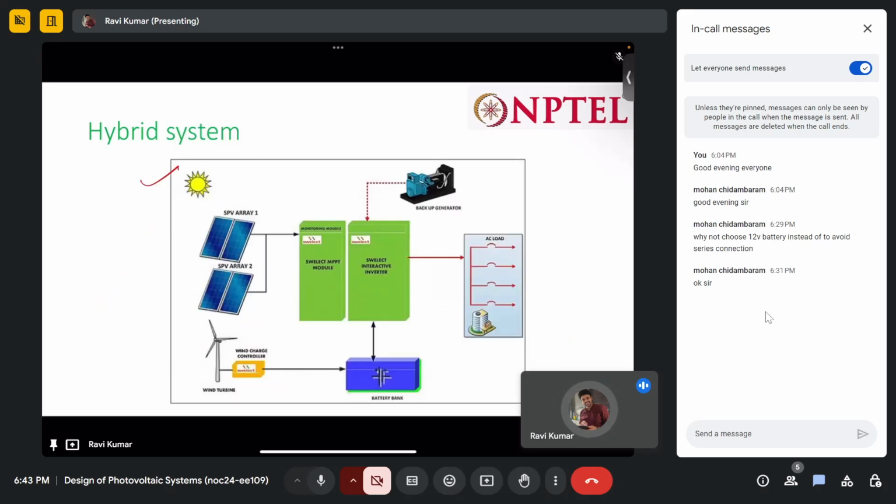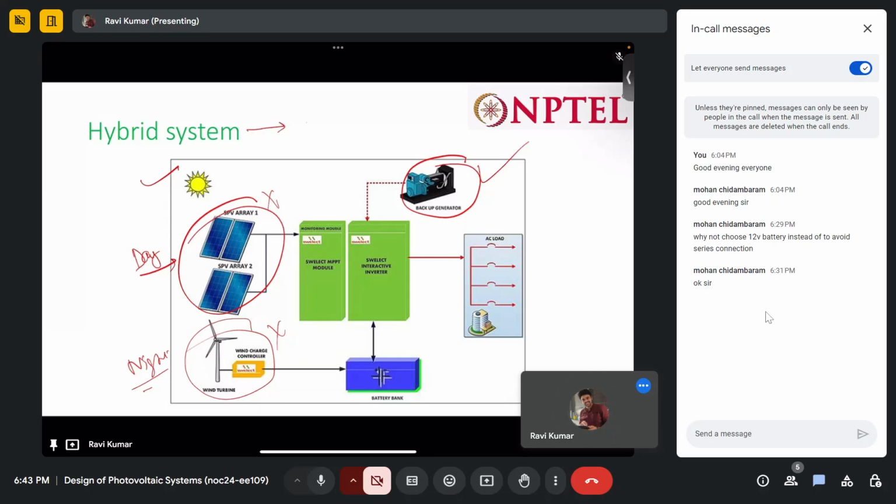Similarly, hybrid design is visible here. So this is a source, this is a source, this is a source. It means we are having multiple sources at a time. Let's say one works in daytime, another works in night time, or when there is neither solar nor wind, then this diesel engine will work. So this hybrid system ensures our 24/7 energy requirement.